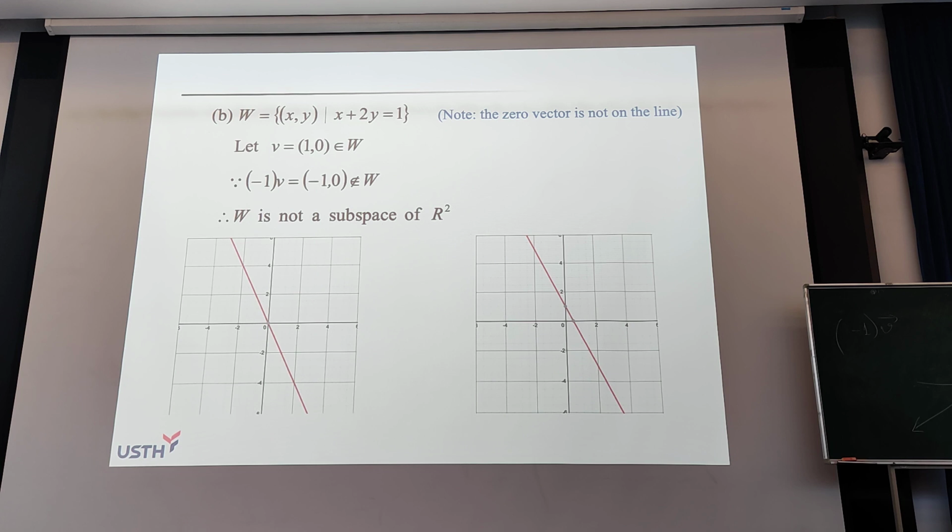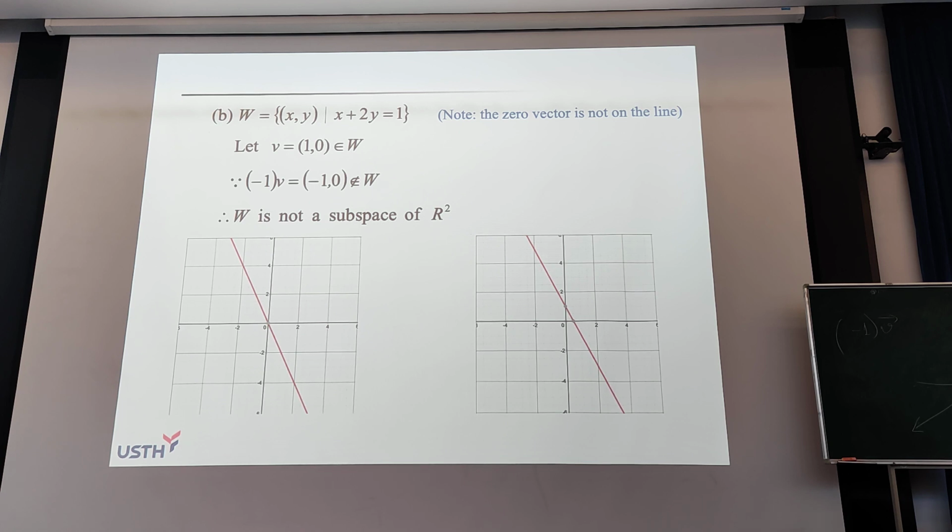You see, the first line goes through the origin, and it is a subspace. The second one does not go through the origin, so it is not a subspace. You can verify it by yourself.